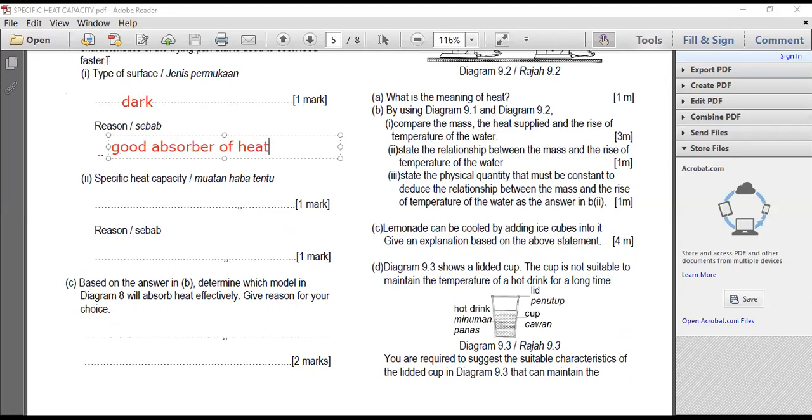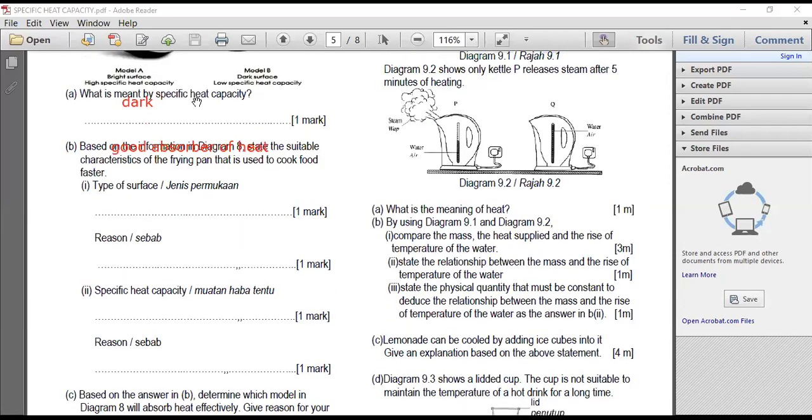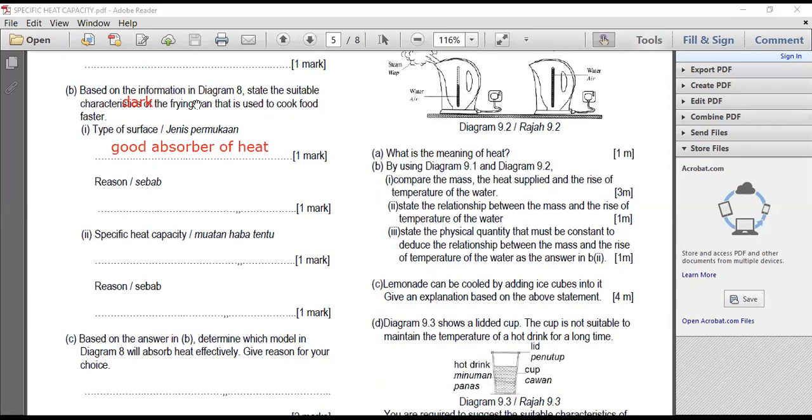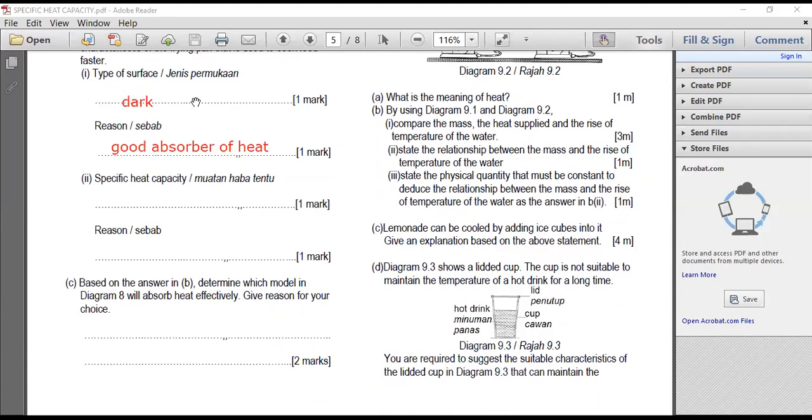Okay. Now specific heat capacity. Specific heat capacity must be low. Reason: become hot faster. Okay. Based on the answer, determine the model, give reason.